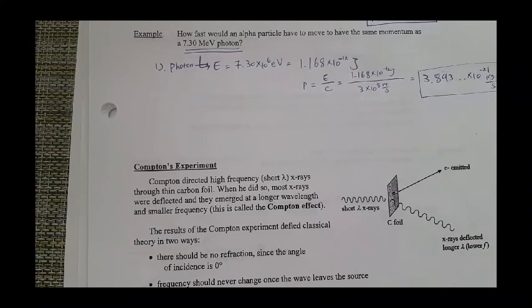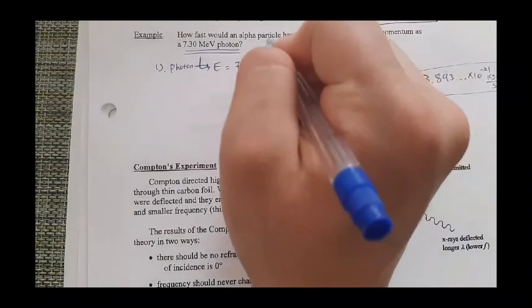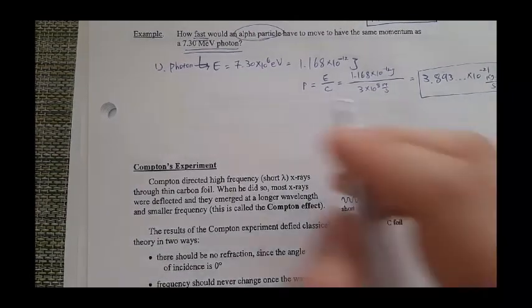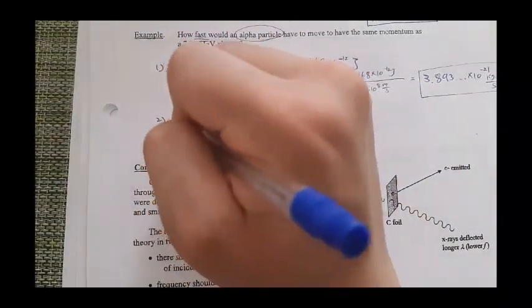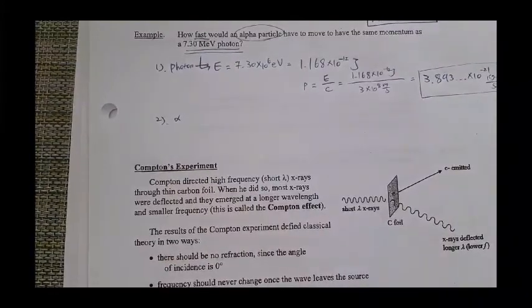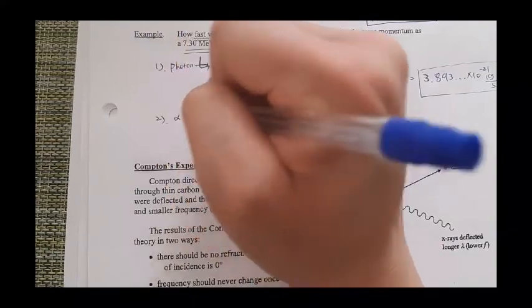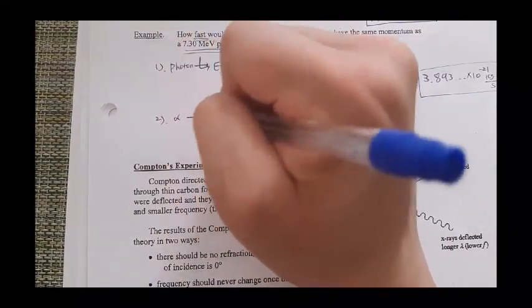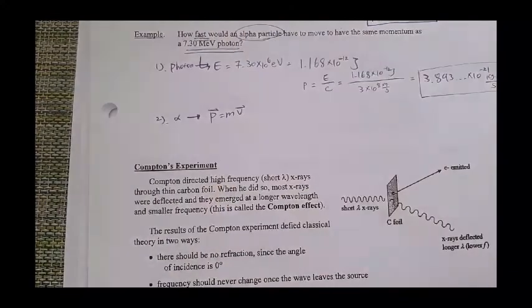Now the question doesn't ask you about that. The question is asking how much speed an alpha particle possesses to have that momentum. So now we are talking about the alpha particle. Now the alpha particle has mass and velocity, it's not a massless particle, so we're going to go with the p = mv situation.